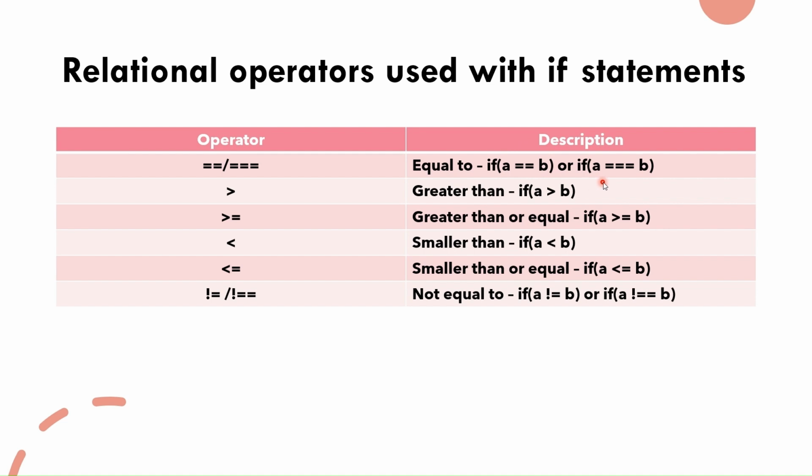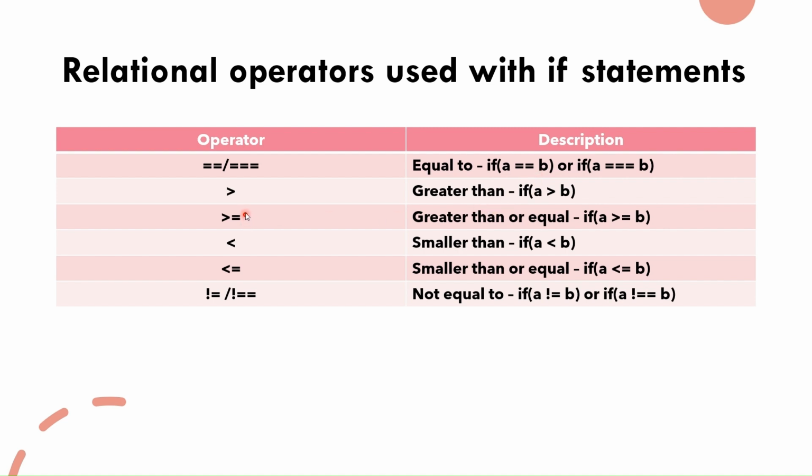Whereas if we have triple equal signs, it will even compare the type. For example, if we have 5 of type integer and 5 of type string, it will return true with double equal because they are equal in value, but the type is different. Whereas with triple equal it will return false.